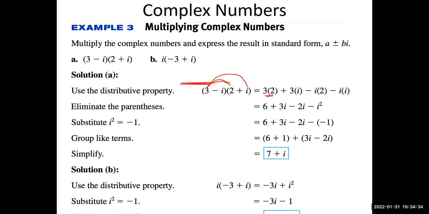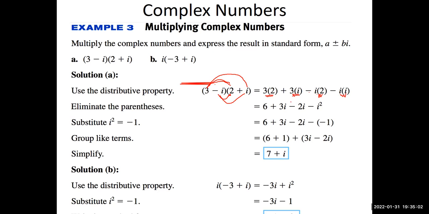And then negative i multiplied by 2, and then negative i multiplied by positive i.